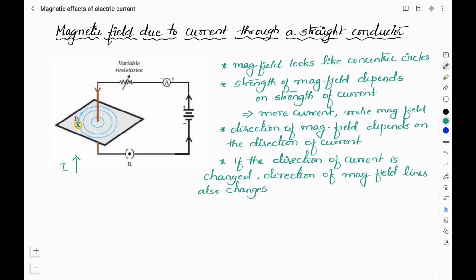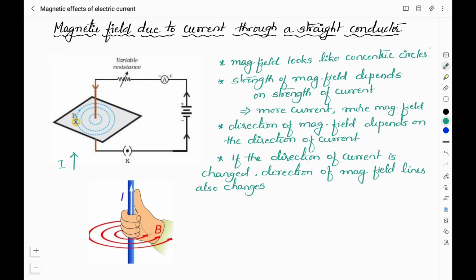Now we'll see what the right hand thumb rule is. It tells that if you are holding a current carrying conductor in your right hand in such a way that the thumb is pointing in the direction of the current in the conductor, then the fingers which wrap around the conductor will give us the direction of the magnetic field.